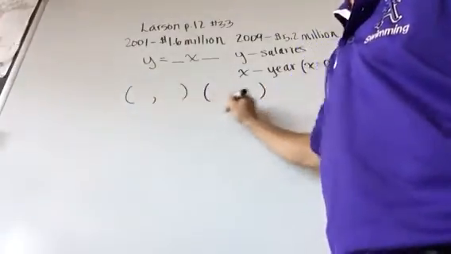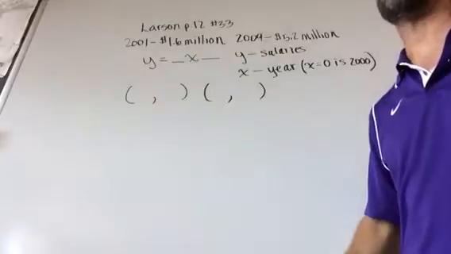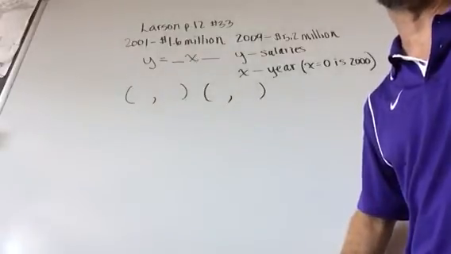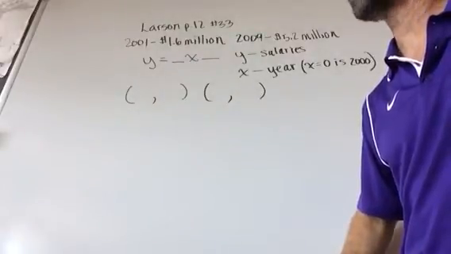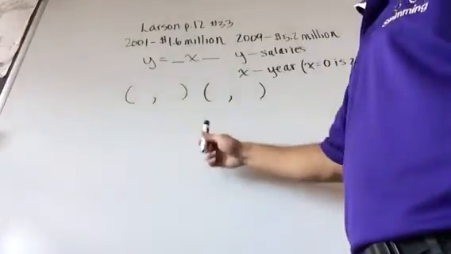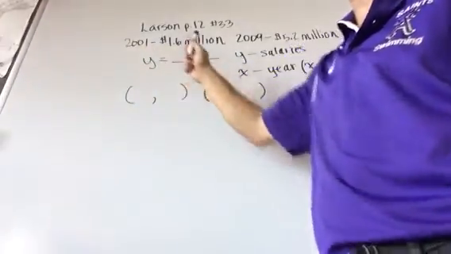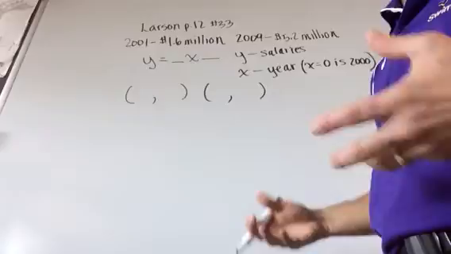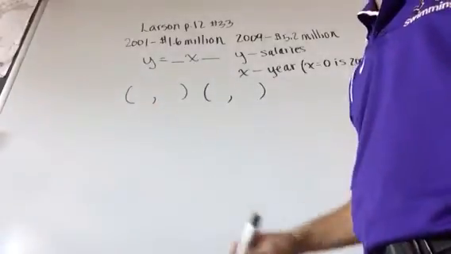And that was that we were given 2 points, and we were asked to find an equation of the line through those 2 points. So in this case, our 2 points are 2 sets of numeric values.